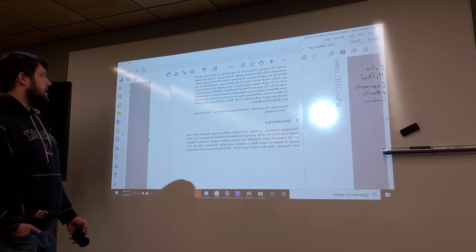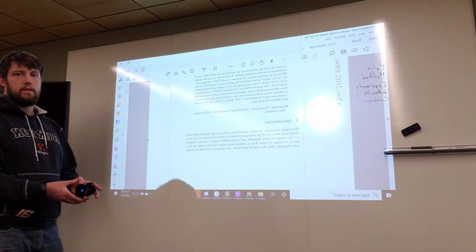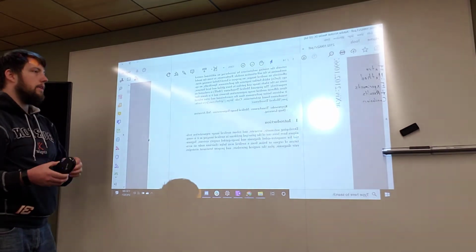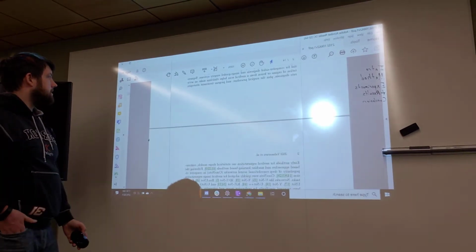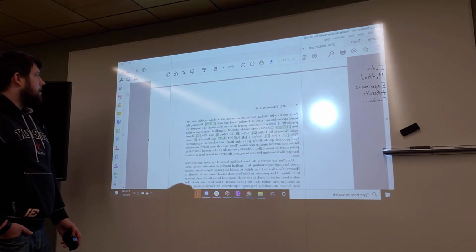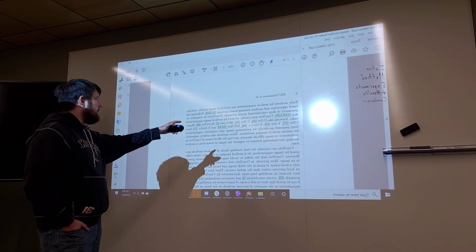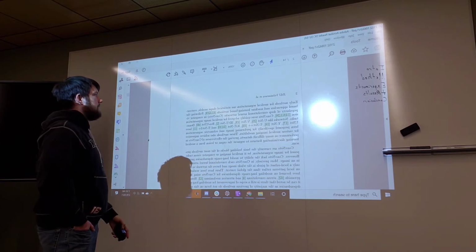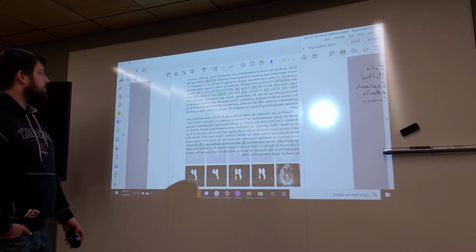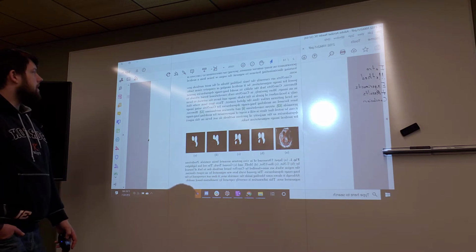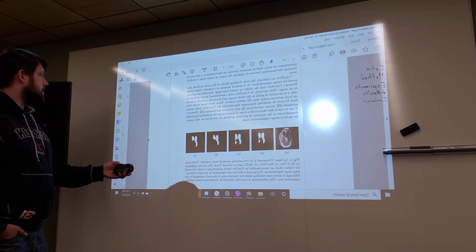Introduction, again, they explain image segmentation and how they're going about it nowadays. The ConvNets being used, UNet, VNet, these are some of the baselines that they use to compare. This is like some of the results.